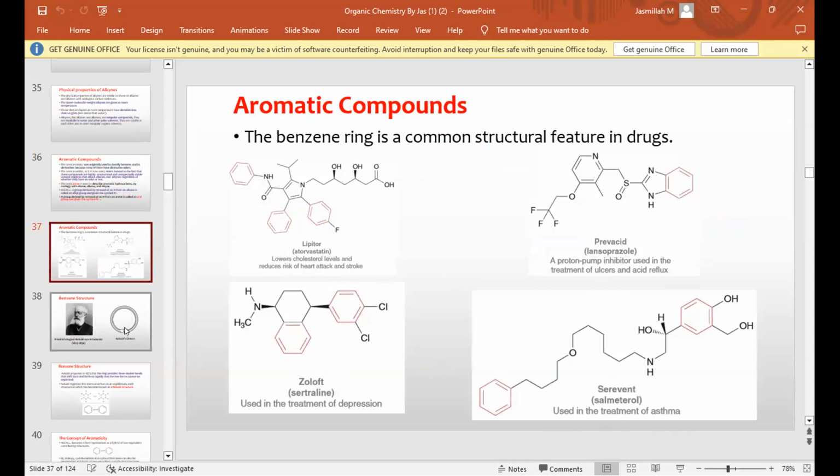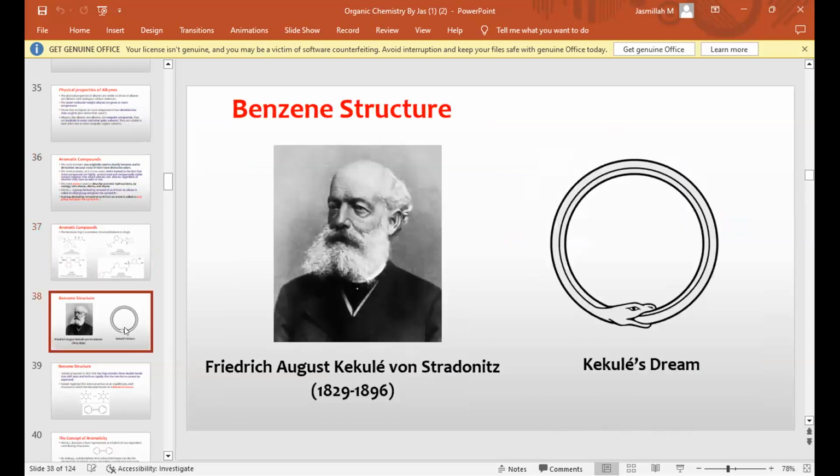The idea of the structure was first brought about by this guy called Kekule. He apparently had a dream, and that is how he decided what the structure of a 6-membered, fully unsaturated ring would look like.